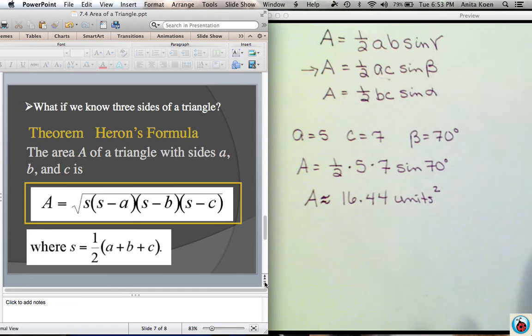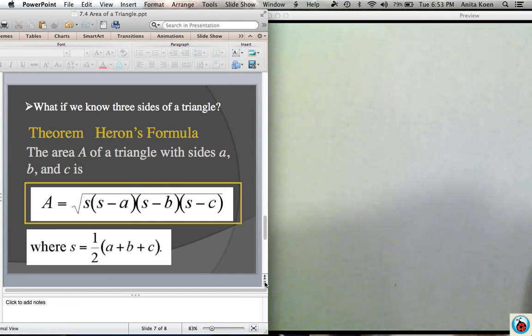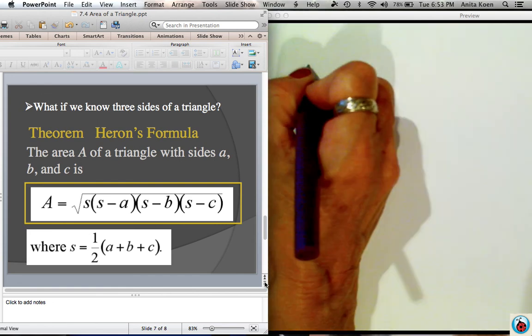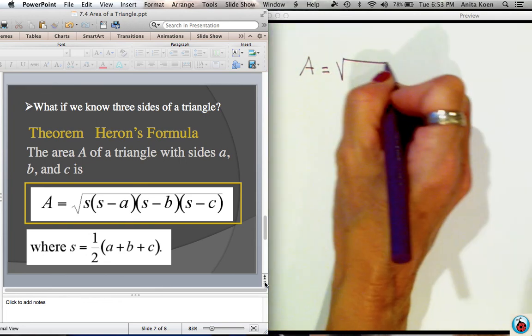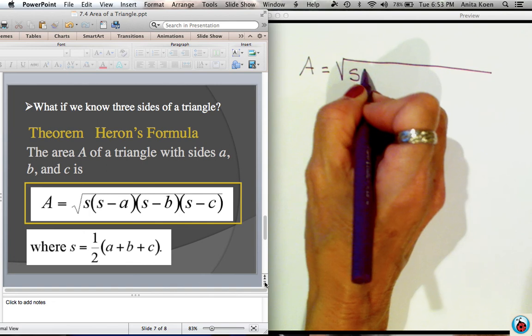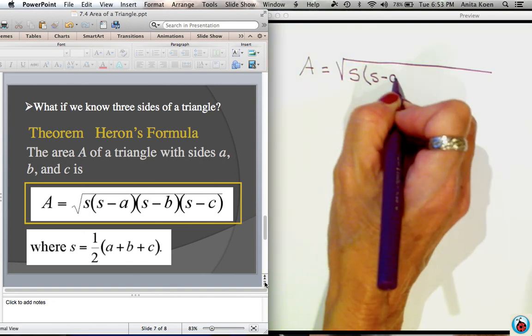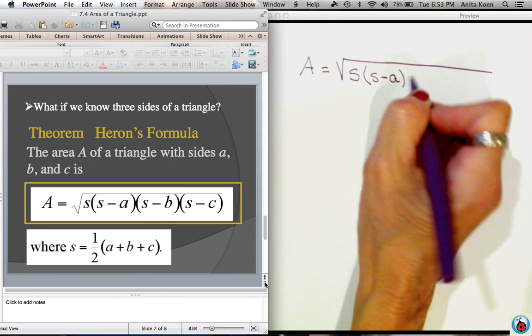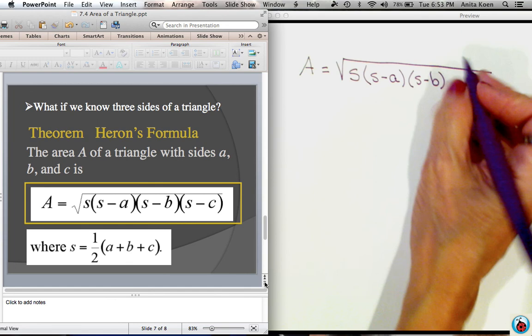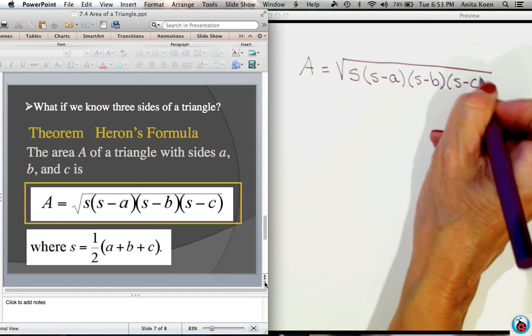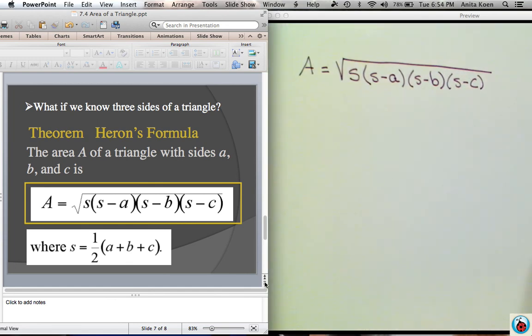Now, what would happen if we knew 3 sides of the triangle instead of 2 sides and the included angle? Well, we have a formula for that as well, and this is called Heron's formula. The area of a triangle with sides a, b, and c is equal to the square root of s times (s minus a), a being one side of the triangle, times (s minus b), b being the second side of the triangle, times (s minus c), c being the third side of the triangle.